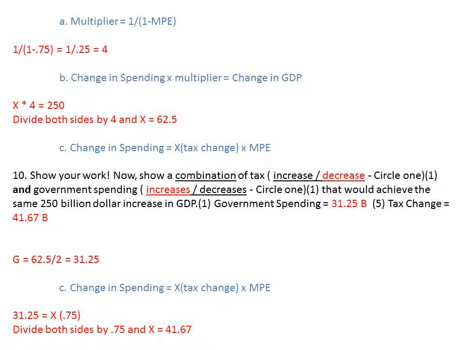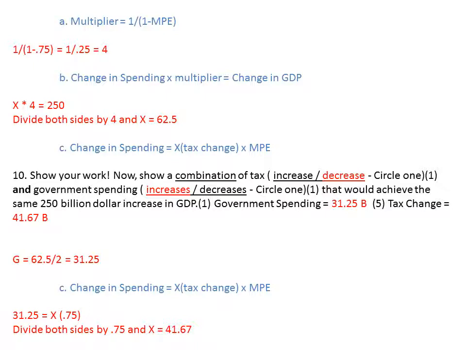And then next, we're going to need to figure out the size of the tax cut needed to, instead of generate government spending, generate extra consumer spending. And the consumer spending we're trying to generate is what's not created by that government spending increase. So we're just taking the other half, the $31.25 billion. And we look down below at the formula C that gives us the ability to figure out the size of a tax cut needed to achieve the same type of spending change.